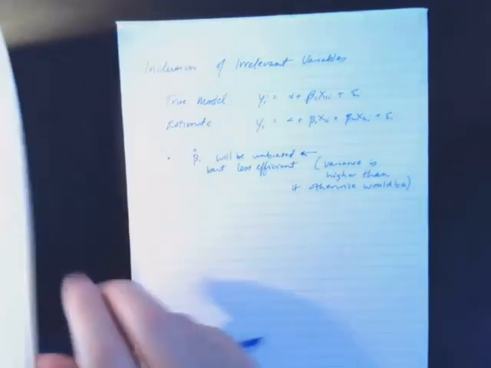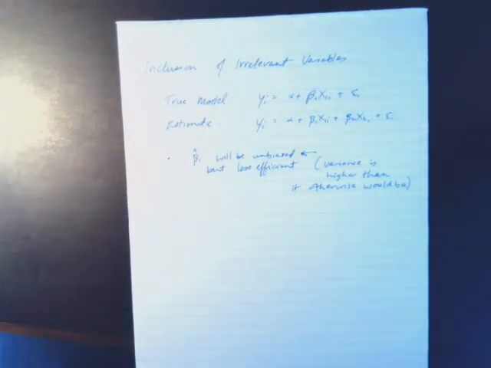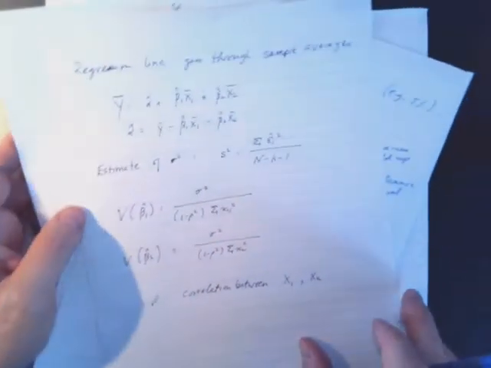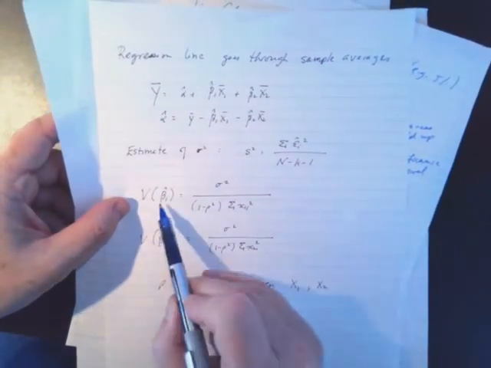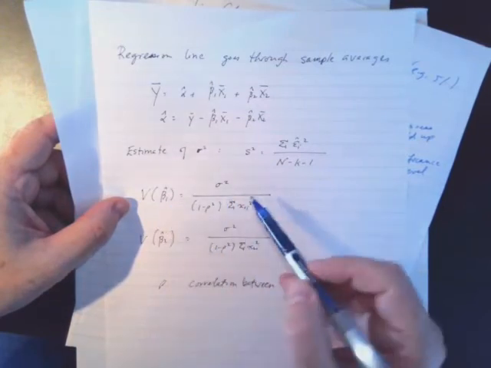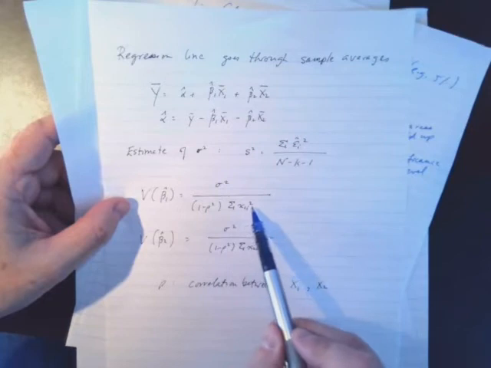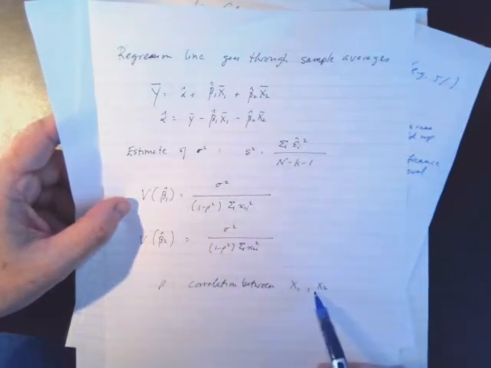And we can see that if we go back a few pages. Actually, right back to near the beginning. So in the two-variable model, this was the formula for the variance. So it's sigma squared over 1 minus rho squared times the sum of the x's squared. And rho is the correlation between x1 and x2.